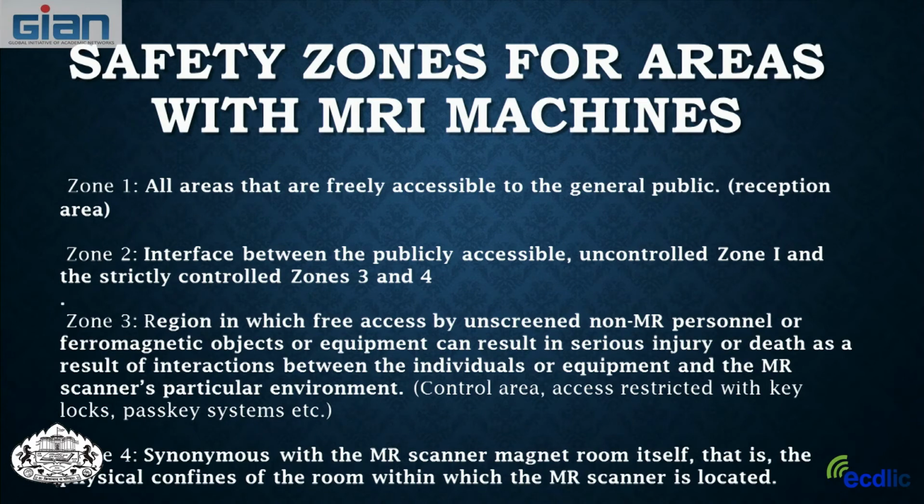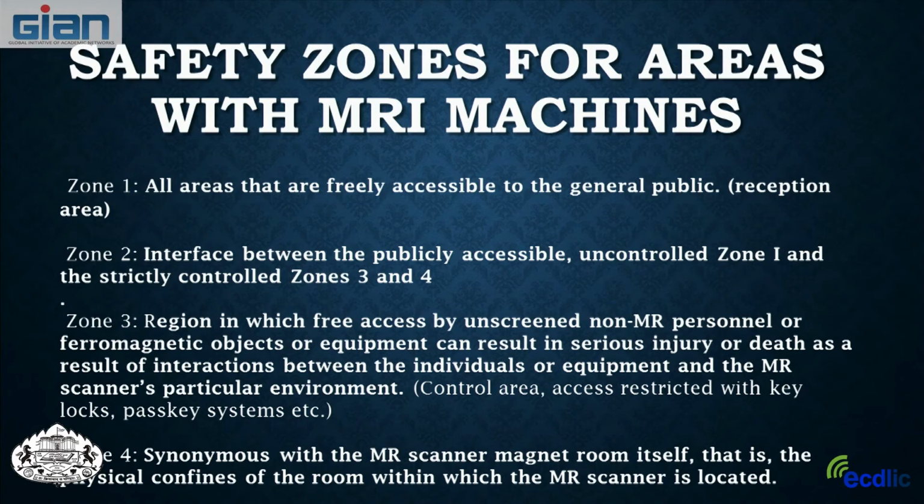So to help with safety control around MRI machines, we have these safety zones in the US. They go from zone 1 to zone 4. Zone 1 is considered an area that's freely accessible to the general public. This might be the reception area where a patient or a participant in a research study comes in and is greeted and screened.